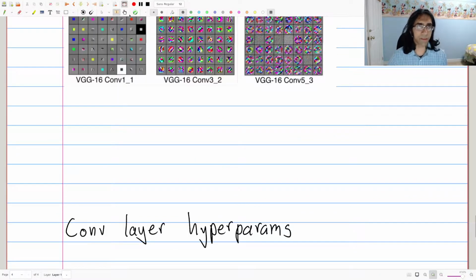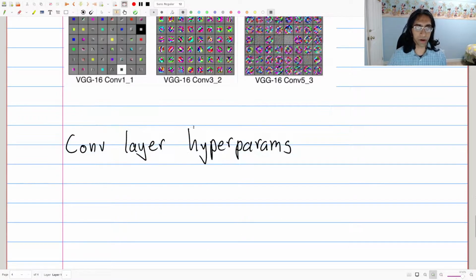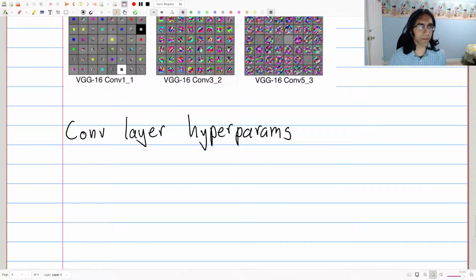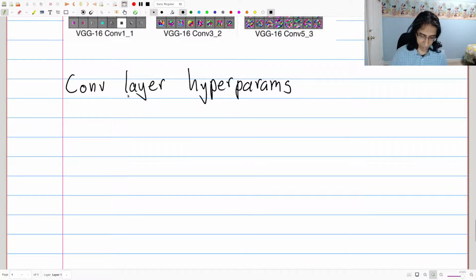So, okay, let's go back to where we were before, which is that I was going to tell you about some of these convolutional layer hyperparameters. These are the things that you need to specify whenever you specify a convolutional layer. And there are 4 things. One is the filter size. This should be kind of self-evident.